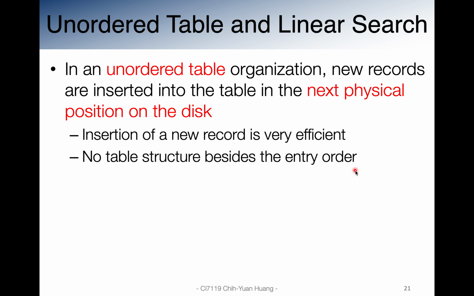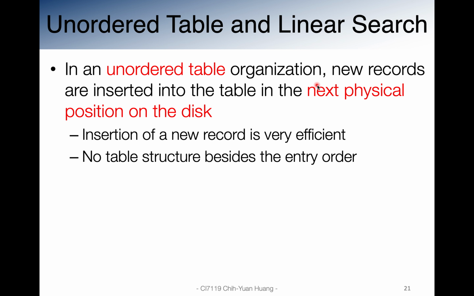So the older one will be on the top, and the newer one will come at the bottom. Although it's called an unordered table, it's basically ordered by its entry time. So the meaning of the unordered table is that the records in this table are not ordered by any information of the attributes.